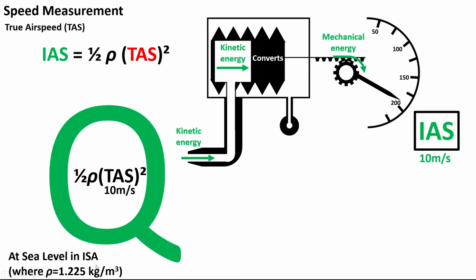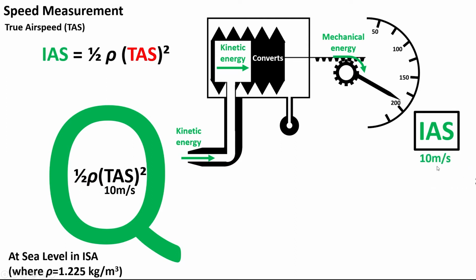So let's imagine I'm building this instrument. Imagine that I'm the manufacturer, and I test under conditions where density is 1.225 kilograms per cubic meter, and let's say I move at 10 meters per second, and now, for example, it shows me 7 meters per second. Well, that's not good, so I need to make some adjustments. So I make a small adjustment, that's 8, that's not enough, another adjustment, 9.